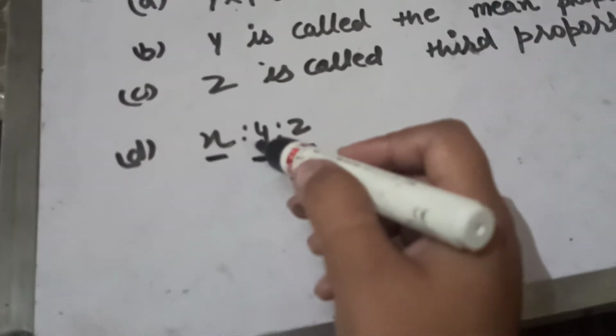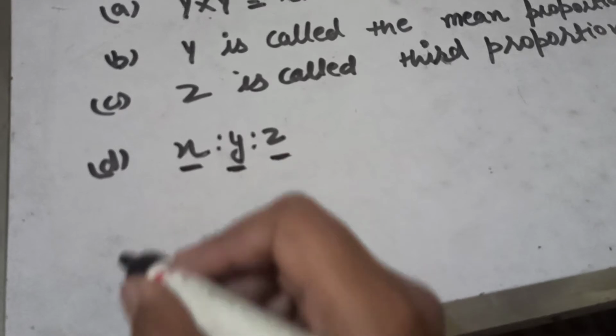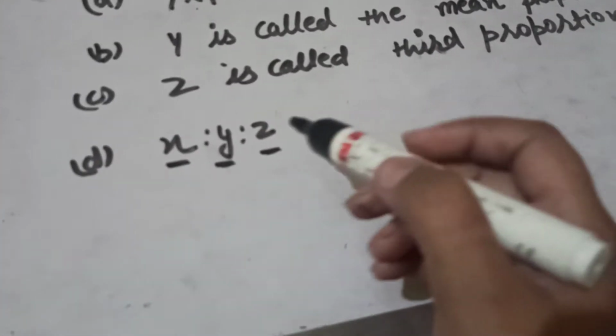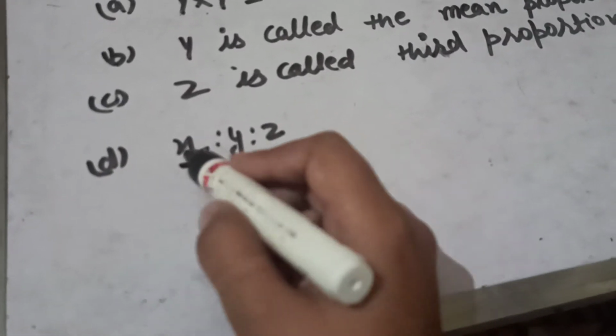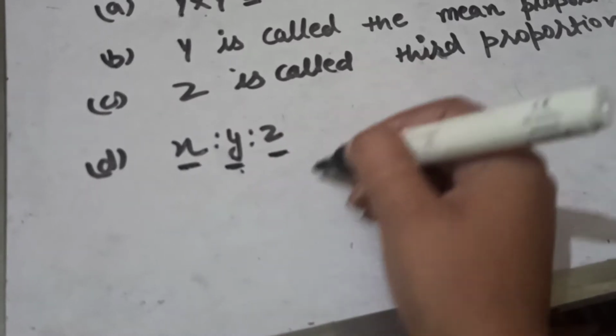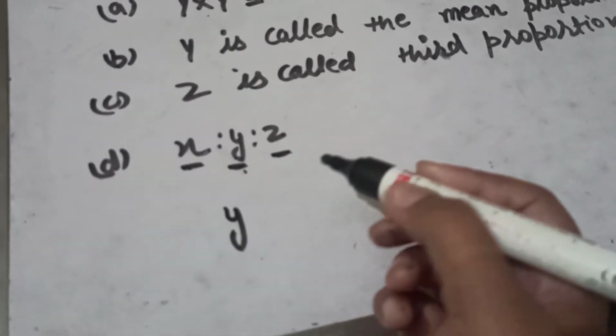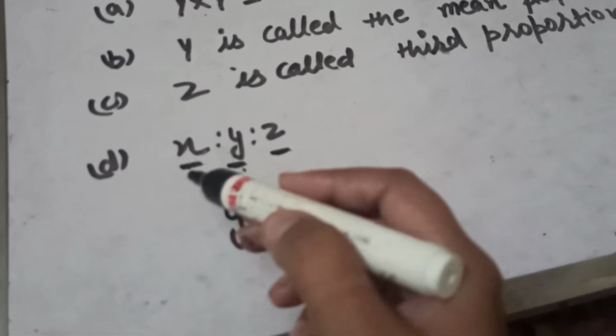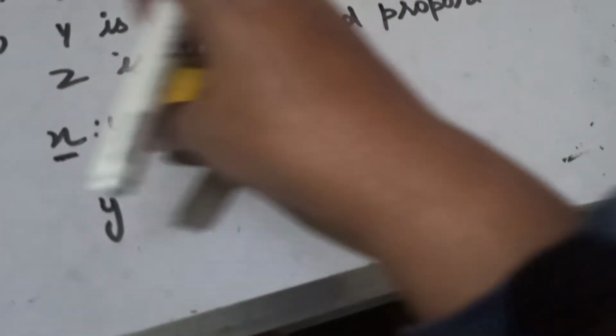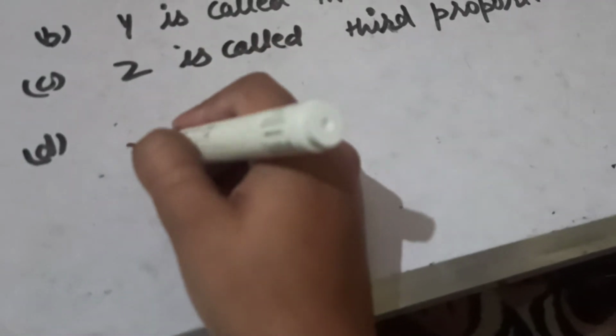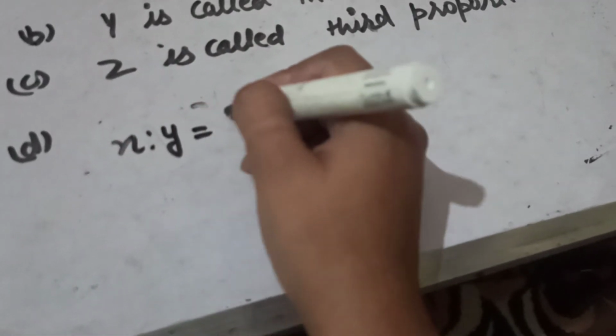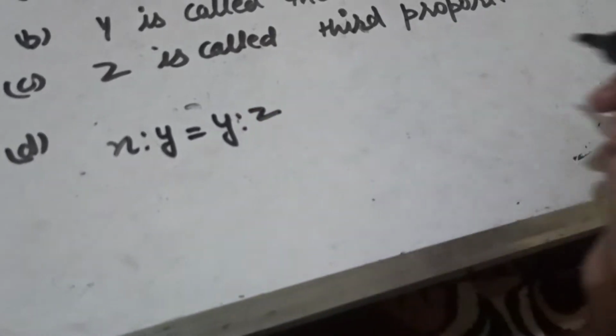Consequents mean after, and antecedent first. So consequent of the first ratio, first is this, that is y, and antecedent of the second ratio. See, this one you will take like this, not that. X ratio y equals to y ratio z, right? They are in the continued proportion.